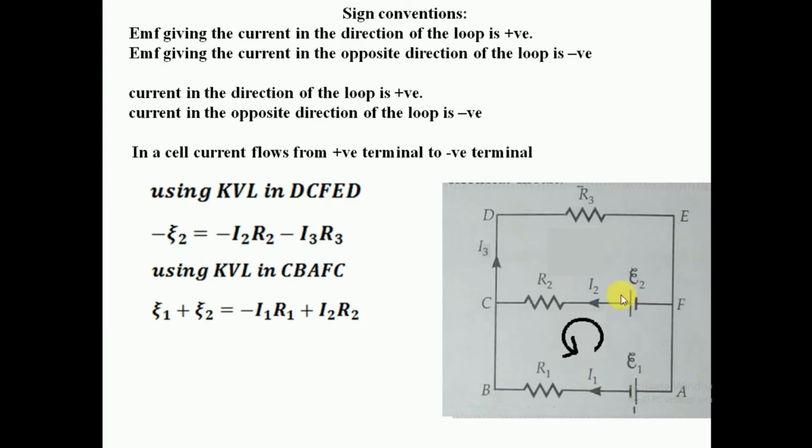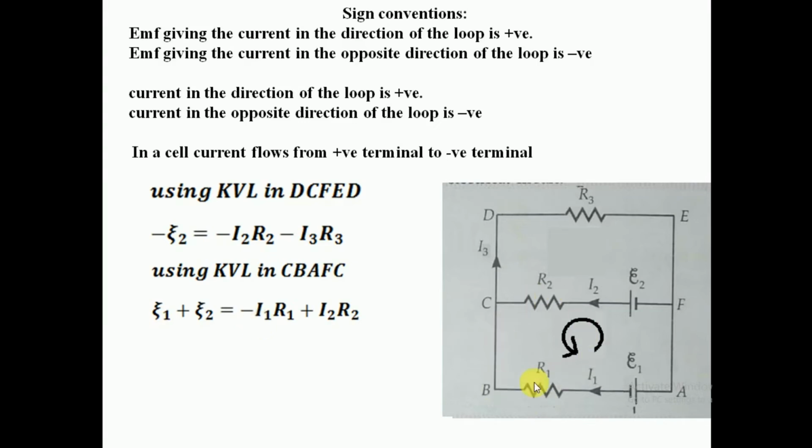And out here also E2 is also giving current in the direction of loop, because the direction of loop is towards the left, and this E2 is also giving the current towards the left, so both of the EMF are positive. So E1 plus E2 is equal to, now I have to take all the resistance and current.